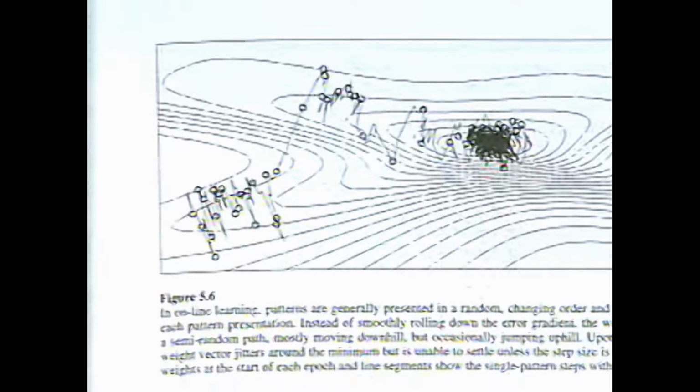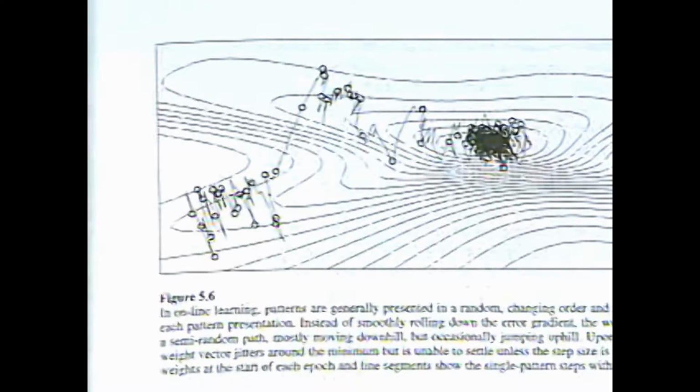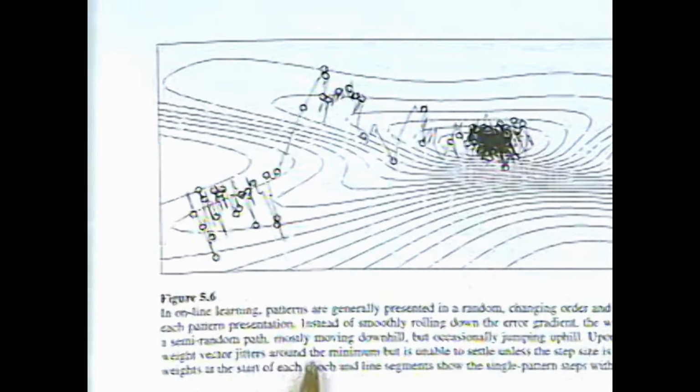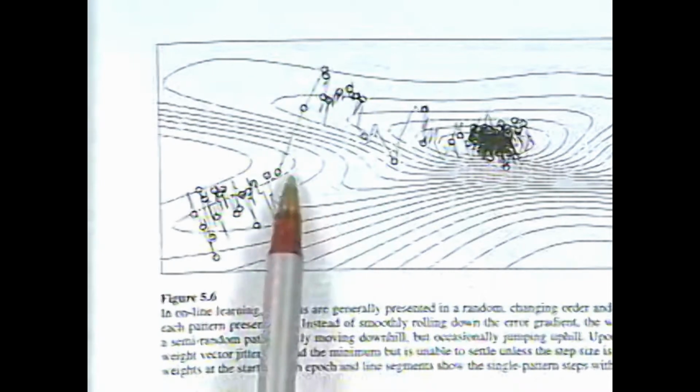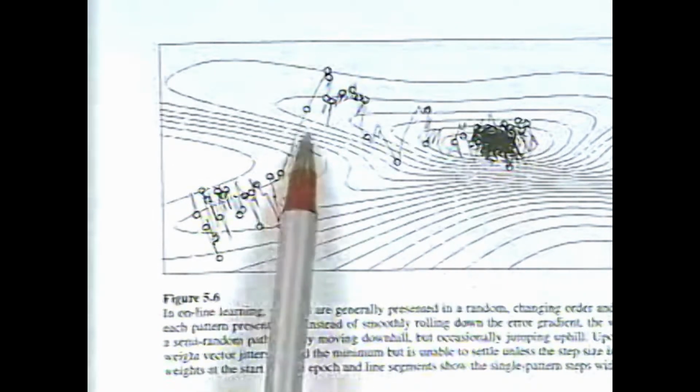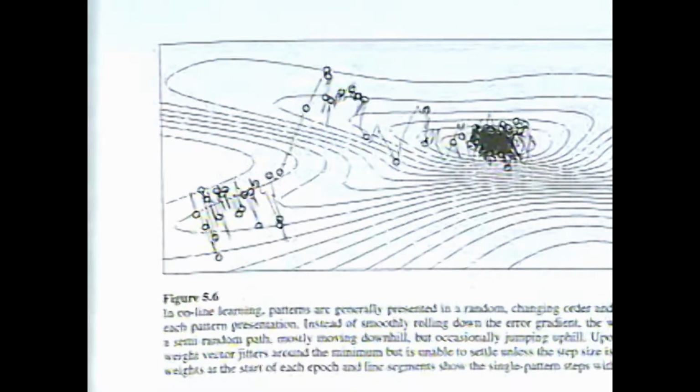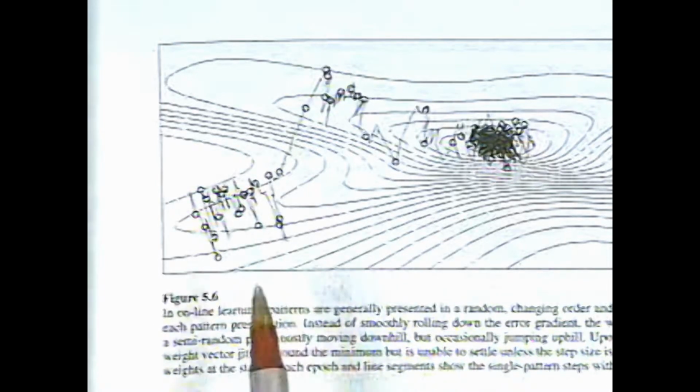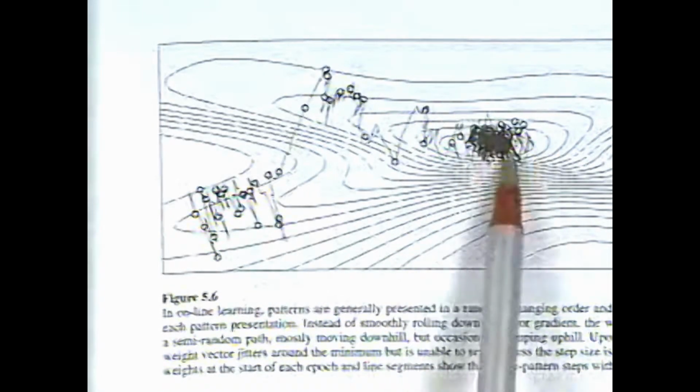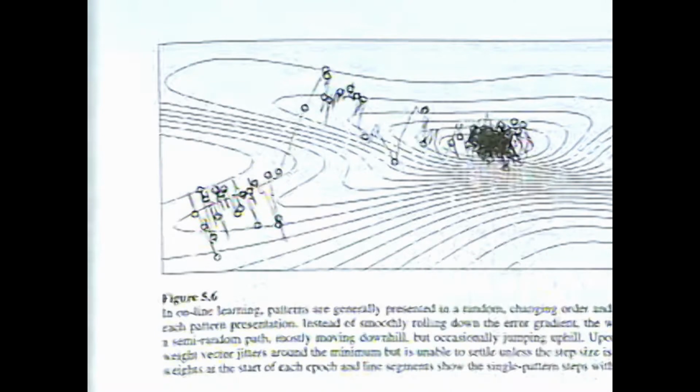By the way, this is the case when we shuffle the data. Each of the circles corresponds to an epoch, I believe. Because we actually have a number of different patterns here associated with the steepest descent. And you can see that once we get around here, we kind of slop around the result and hopefully converge to it.